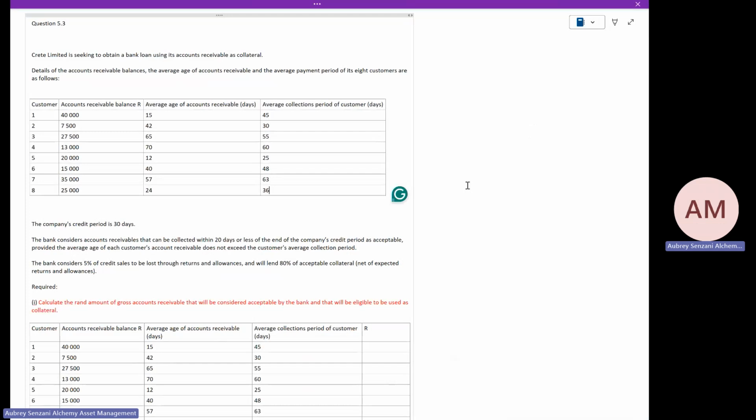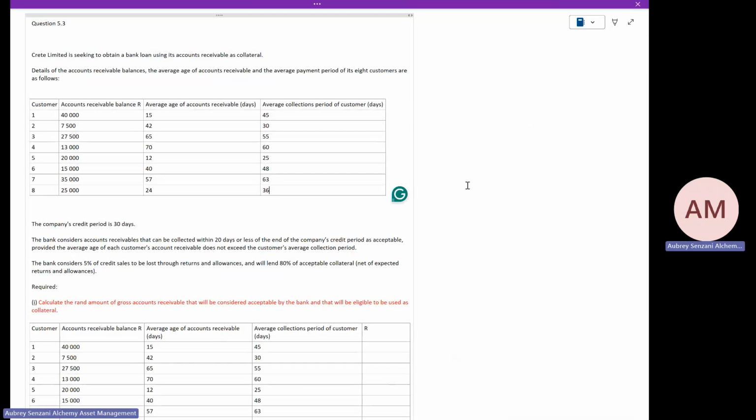Okay. The bank considers accounts receivables that can be collected within 20 days or less of the end of the company's credit period as acceptable. Okay. Provided the average age of each customer's accounts receivables does not exceed the customer's average collection period. Okay, right.